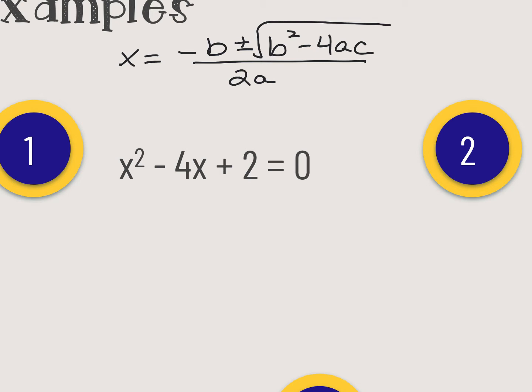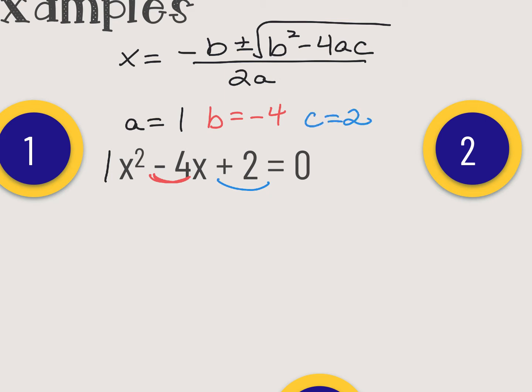So let's identify our a, b, and c from our equation. My a is the number in front of x squared. It's a 1. When I pull the letters out, I'm pulling out the sign as well. So my b value here is negative 4, and my c value is positive 2.